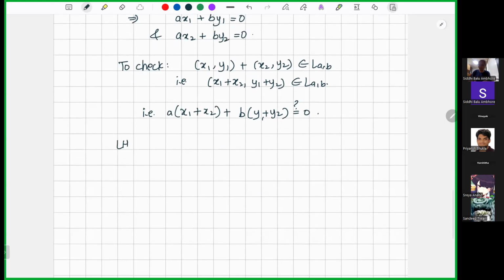So let us start with the left hand side, that A(x1 plus x2) plus B(y1 plus y2). This will give me A x1 plus A x2 plus B y1 plus B y2.